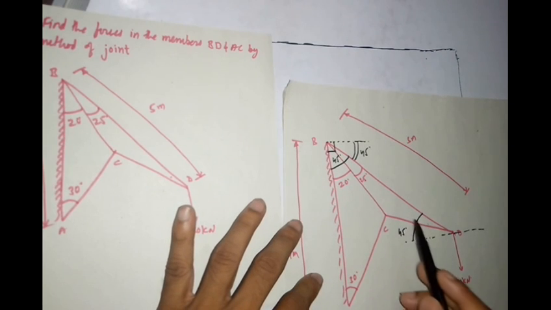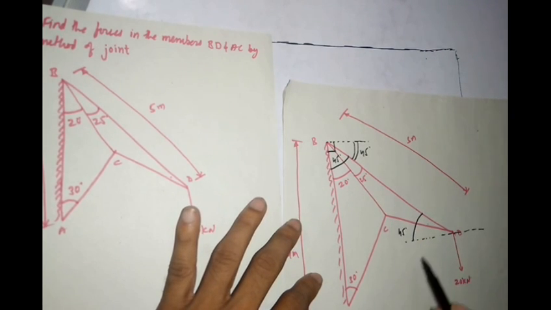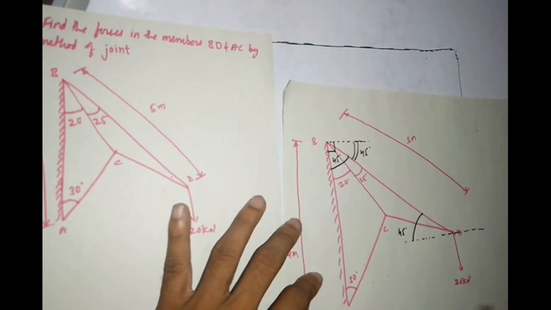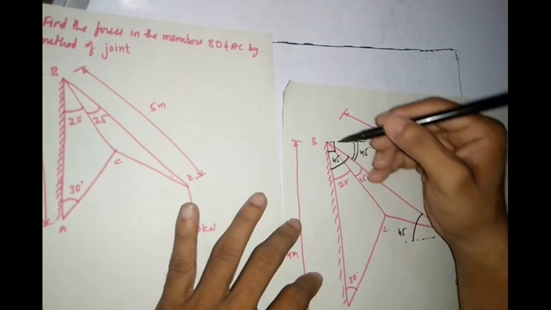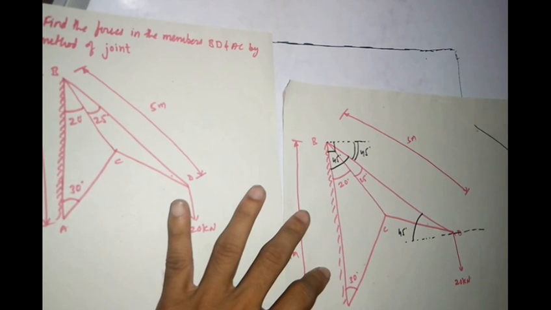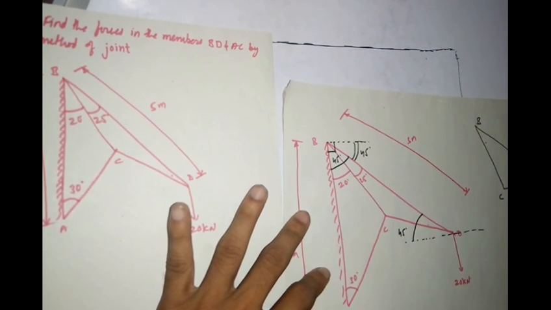Now I have to find the angle of DC with respect to horizontal or vertical. To find that, if you look into the triangle BDC, it looks like an isosceles triangle.